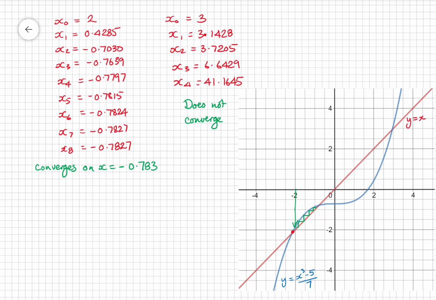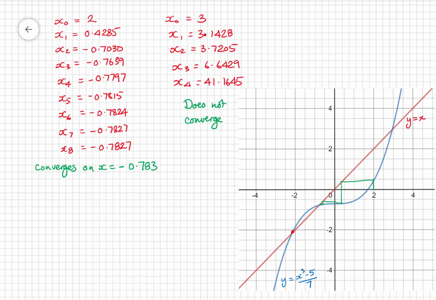If I choose one of our other starting values, a little way away from the actual solution, when x0 is equal to 2, I put that into the function. That in turn gives me a new value of x that goes into the function, and I have a staircase diagram that again takes me gradually back to that central solution of minus 0.783.